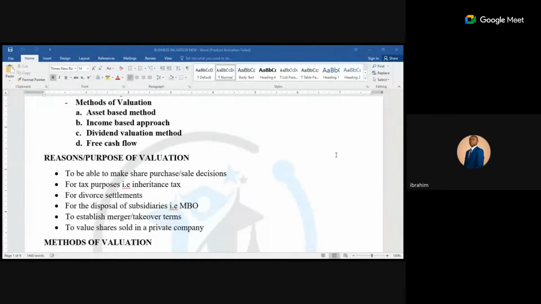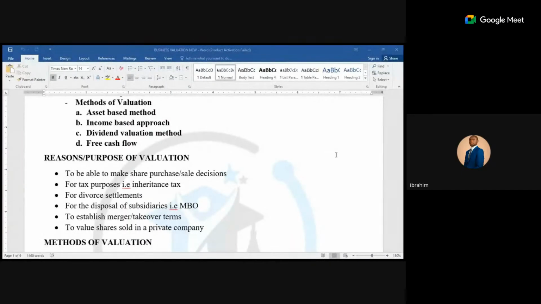To value shares, whether it is listed or not listed, you want to know if you are to buy or you are to sell or you are to hold.